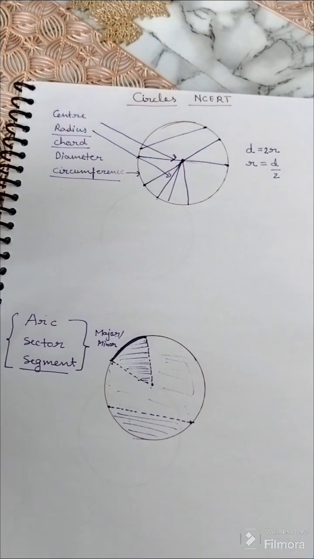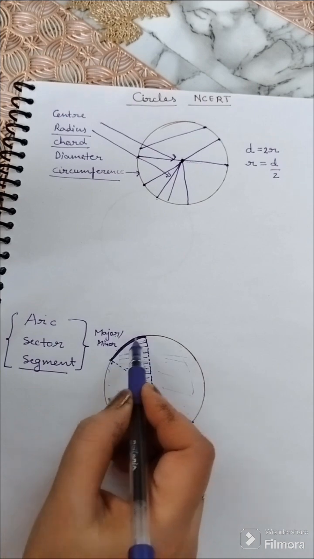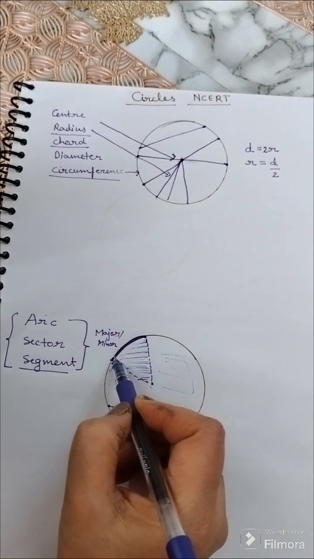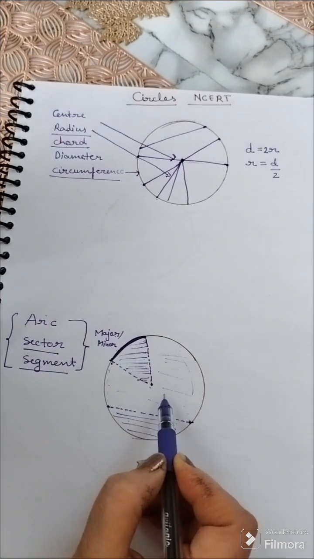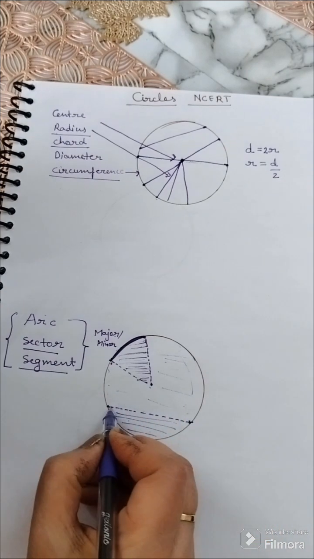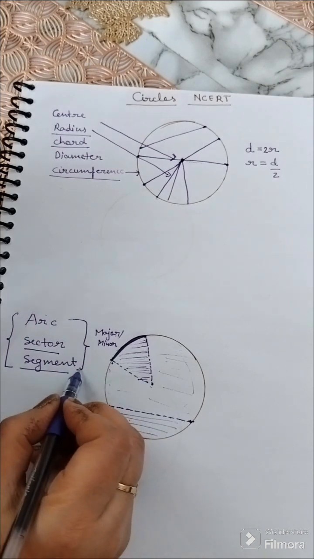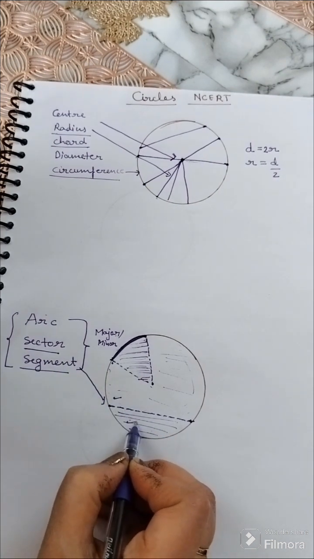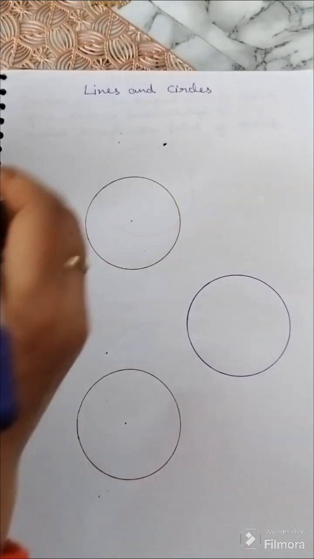So that means when we discuss the part of the circle which we get because of some arc, we call it a sector, and when we discuss the part or section of the circle which we get because of a chord, that is called a segment. Right? Major, minor.